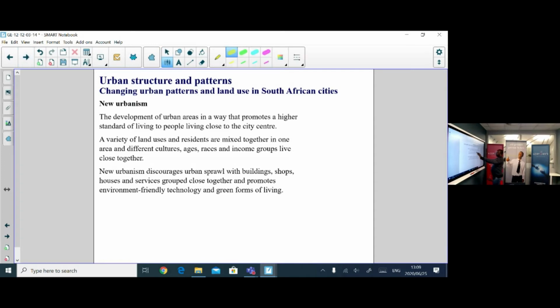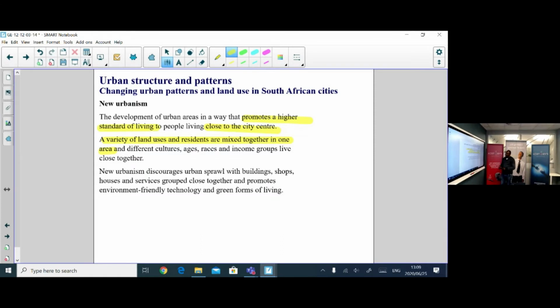So it is about promoting higher standard of living of people who are close to the city center, and a variety of land uses and residents are mixed together in one area. And different cultures, ages, races, income groups live close together.